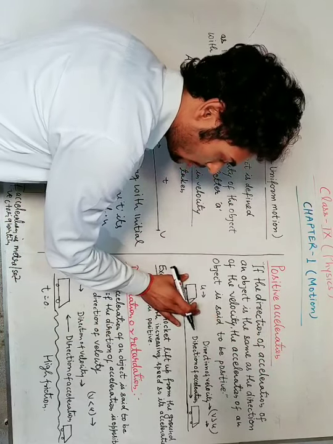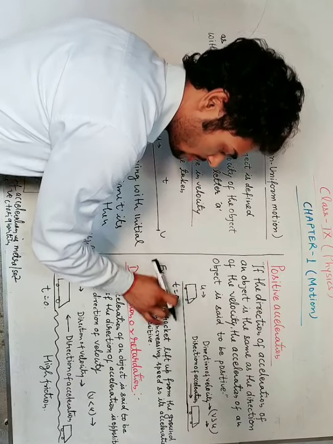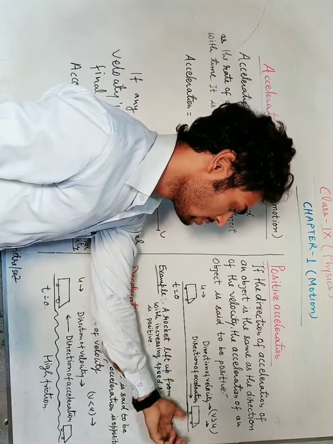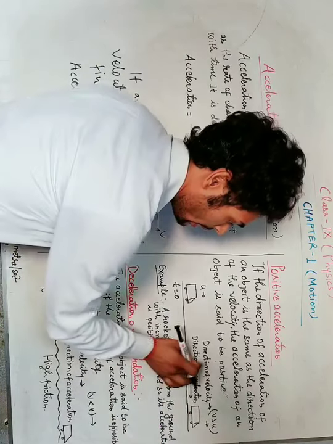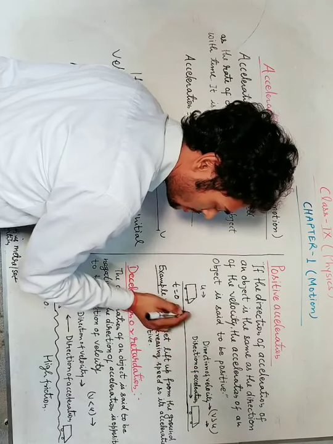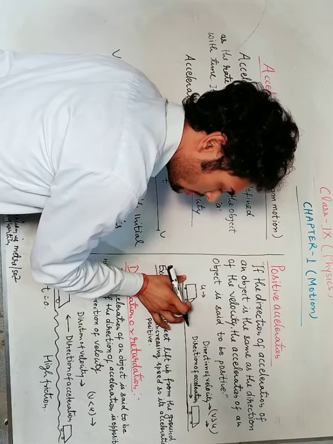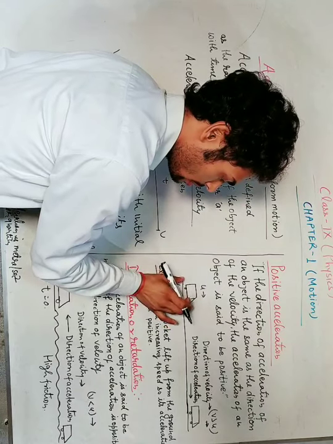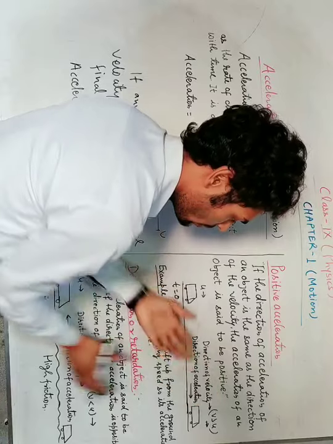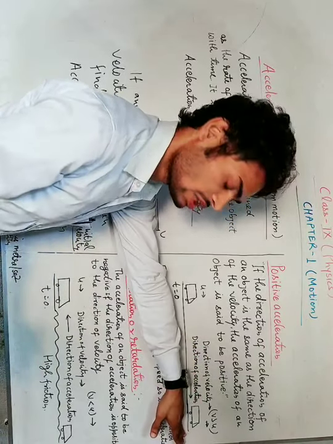We have a car which starts moving with initial velocity u, and after time t its final velocity becomes v. Then the direction of the velocity of this car is equal to the direction of the acceleration, because the surface is plane. This car is moving on a plane surface, so the direction of the velocity and the direction of the acceleration is the same direction.